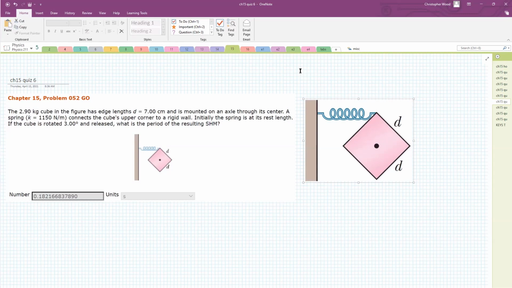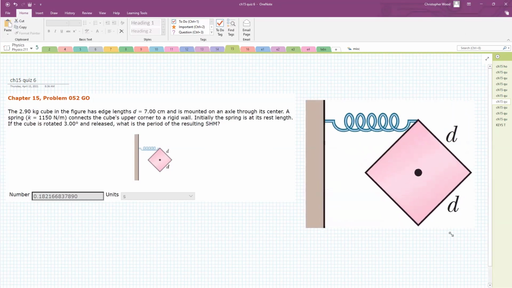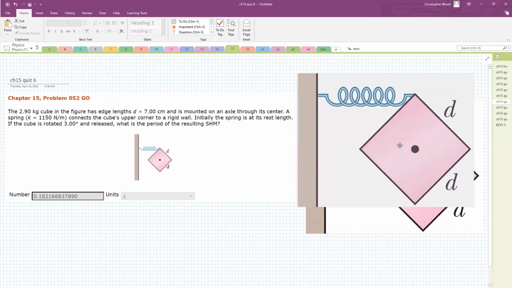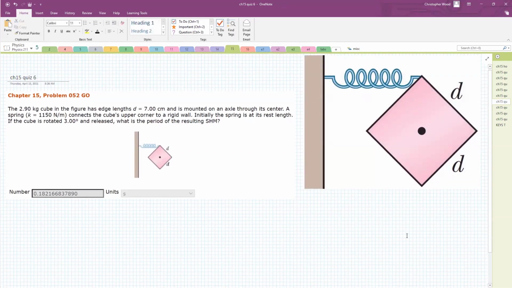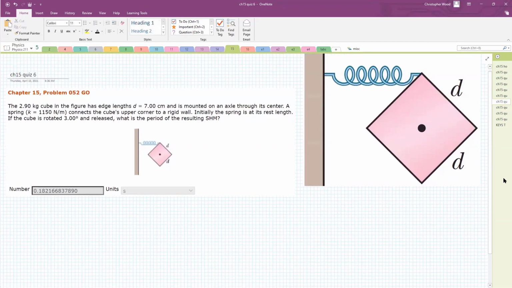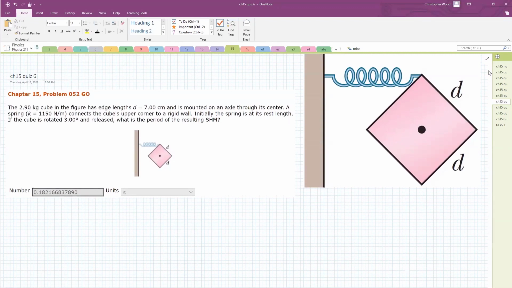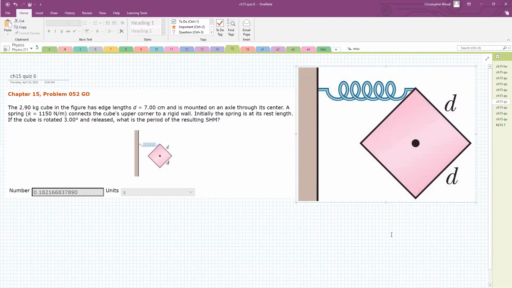It's attached to a spring after all, so it should start bouncing back and forth if I give it an initial amplitude. So let me maybe enlarge this a bit. I'm going to grab hold and rotate it 3 degrees. That's my number. You might have a different number.